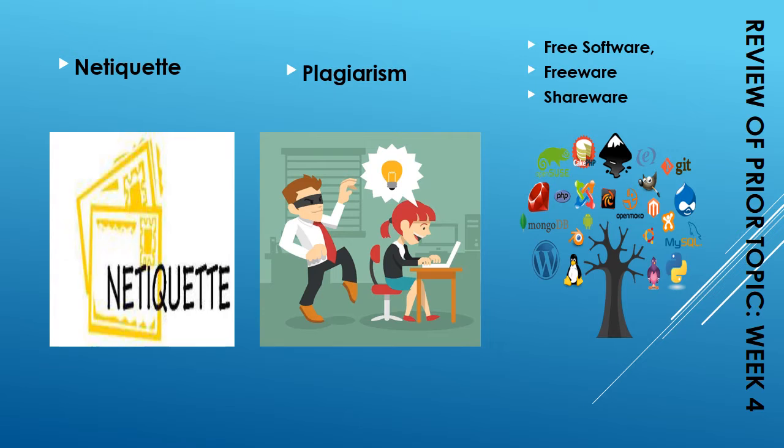Then we have freeware. Freeware is software a user can download from the internet free of charge, and once it is downloaded, there is no fee associated with using this particular software. For example, Adobe, Skype, and Media Player, and many other freely available software. Lastly, we discussed shareware.